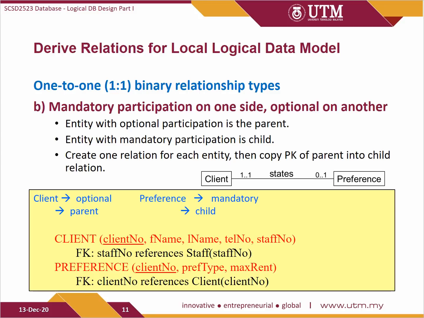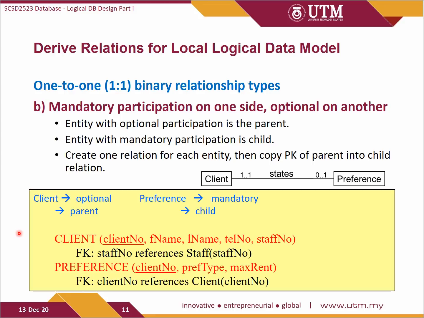The entity that has optional participation in this relationship is the parent entity, and the entity that has mandatory participation in this relationship is the child entity. So, we create one relation for each entity, then a copy of primary key of parent entity is placed in the child relation.